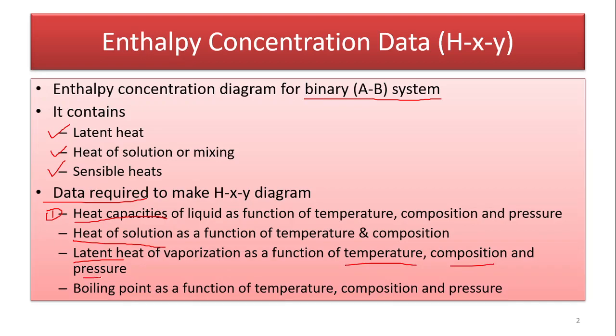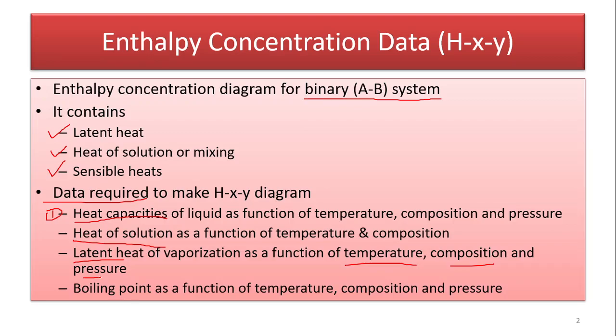Boiling point, the boiling point means boiling point of mixture, that is the bubble point and dew point, because in the mixture boiling point is not the same. When the phase changes from liquid to vapor, you will observe a different point as compared to when the phase changes from vapor to liquid. So one is bubble point, the second is the dew point.